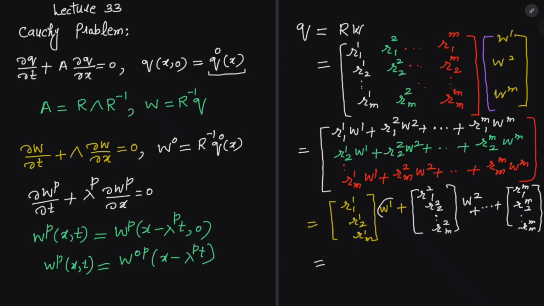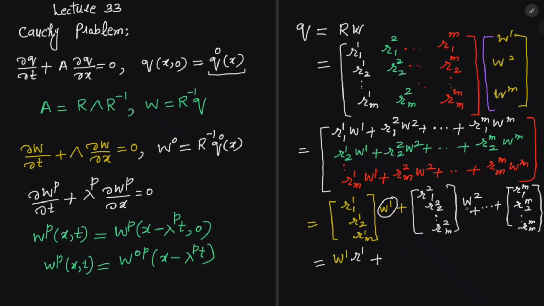This is just a scalar function. It can move to the left hand side. Okay, so I write w1, and remember that this was an eigenvector, the first eigenvector, that is r1.